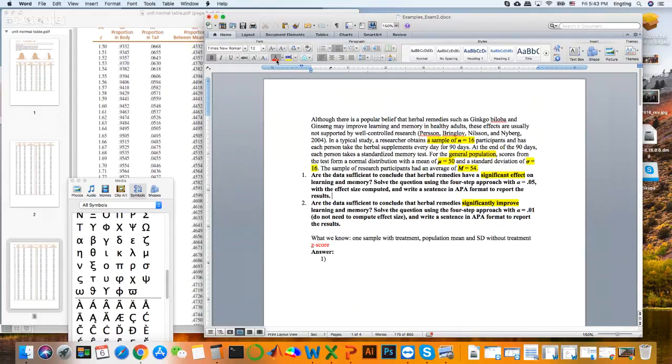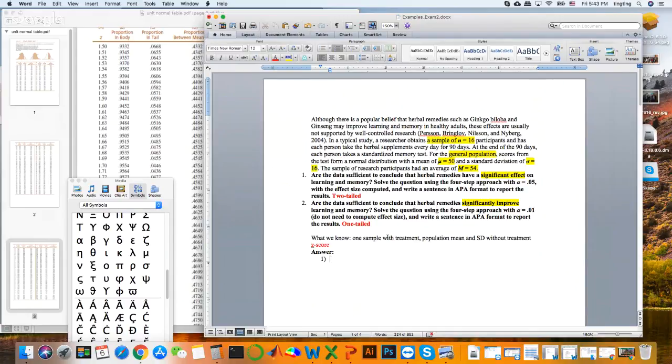To solve a non-directional question, we need to perform a 2-tailed test. But to solve a directional question, we need to perform a 1-tailed test. So for question 1, we need to perform a 2-tailed z-score test, and for question 2, we are going to perform a 1-tailed z-score test.